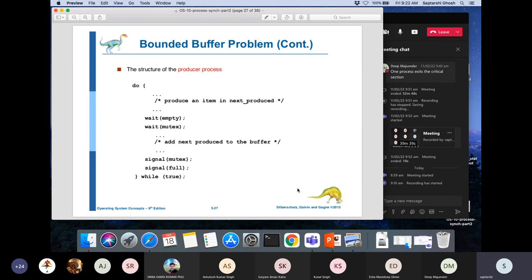When will this wait on empty be successful? As in, when will the producer be able to get this semaphore empty? Get means we'll be able to actually reduce its value and proceed. When do you think the producer will be able to get this semaphore empty?